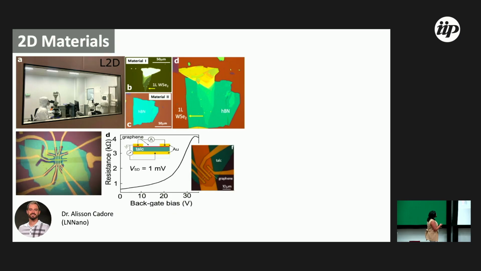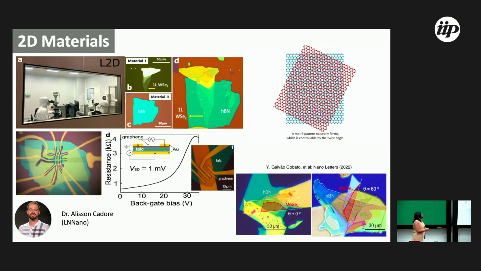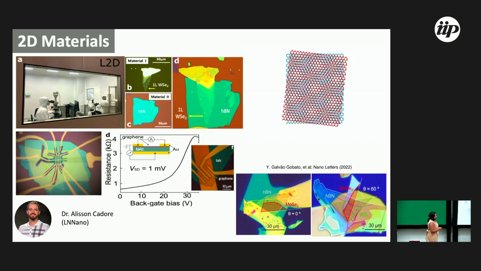Inside the center, we have a National Laboratory for Nanotechnology. It means that we can make devices, the simple ones like a field effect transistor, or more sophisticated ones with many layers of 2D material. And we can control the angle between these layers.